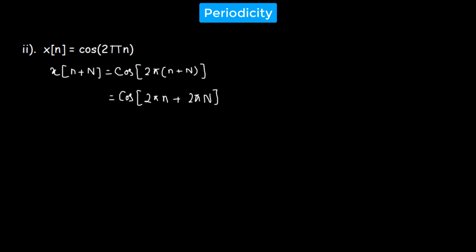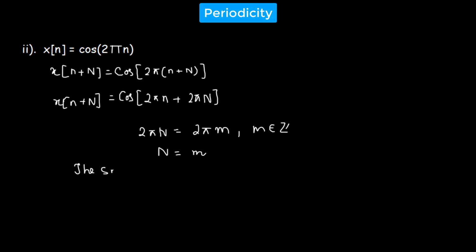So for x of n plus N to be periodic in nature, we must have 2 pi N equal to some integer multiple 2 pi m, where m is an integer. Solving for N, we get N equals m. In order to find the fundamental period, this equation must be true for the smallest integer value.